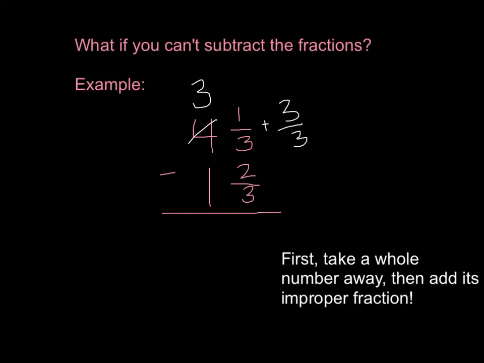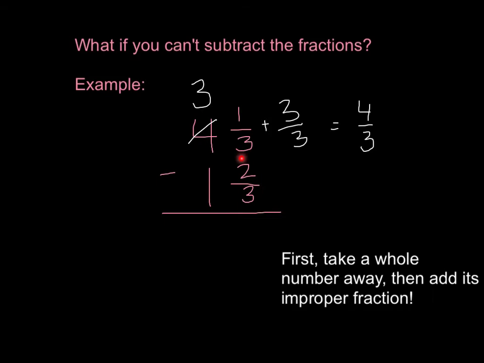And I'm going to take that whole number and just go ahead and add it to the fraction side. So 1/3 plus 3/3 equals 4/3. Now I have an improper fraction because I redistributed the whole number, but now I can take my 4/3 and my 2/3 and do a proper subtraction problem.